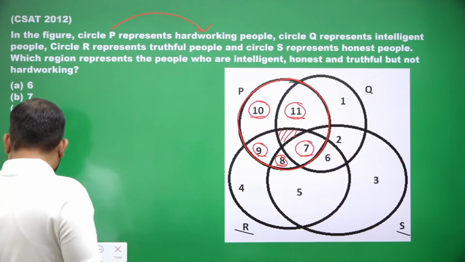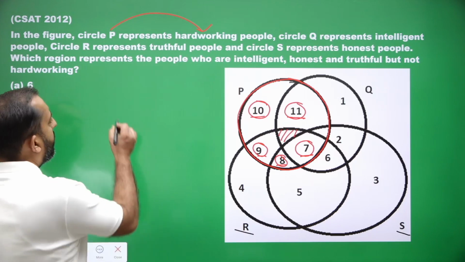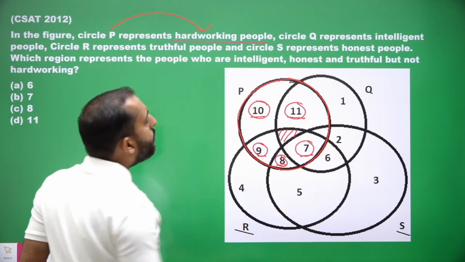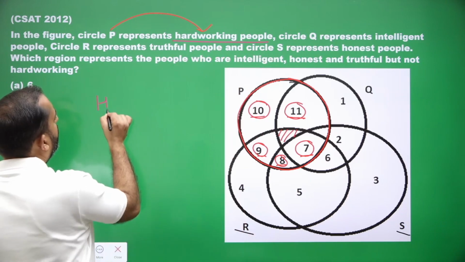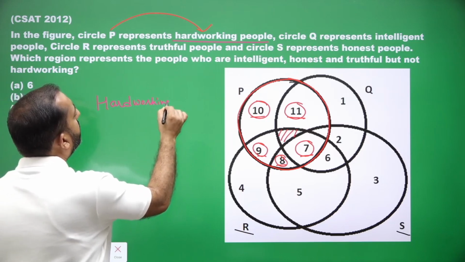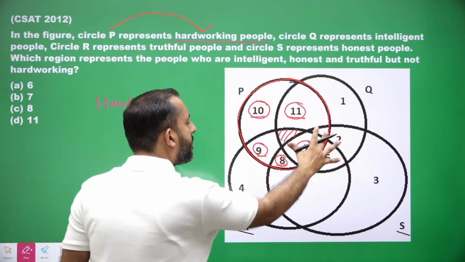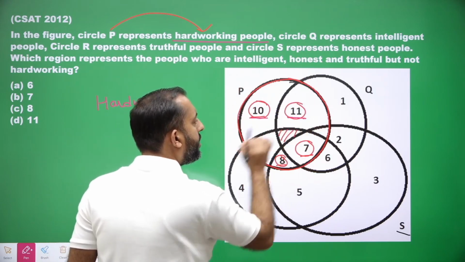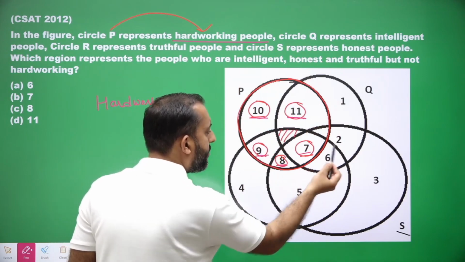First point. For this circle P, if we want to write down the total number of people who are hardworking, for that we will add the values of all the different regions that fall under circle P. So 10 plus 11, 21, plus 9, 30, plus 8, 38, plus 7, 45.